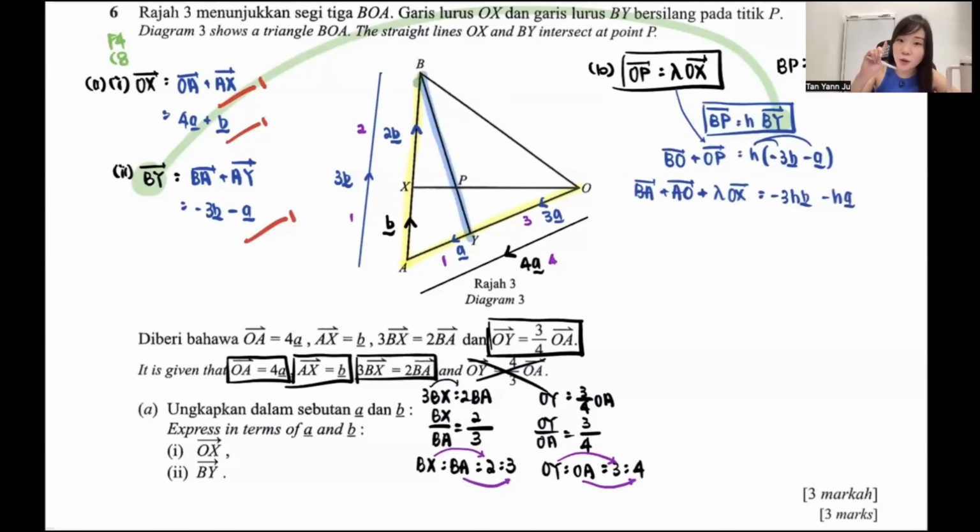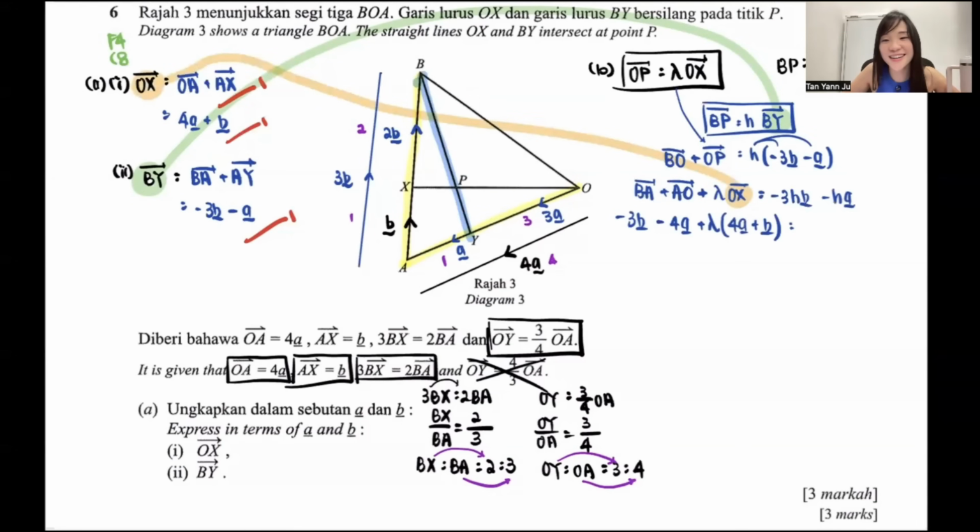Now the first one, BA. BA is the opposite of this, negative 3B. Then AO, AO is the opposite of this, so negative 4A plus lambda OX. OX just now you found up here. Isn't it 4A plus B from your A1 just now? Equivalent to this. Everything can see, right? Should I put color?